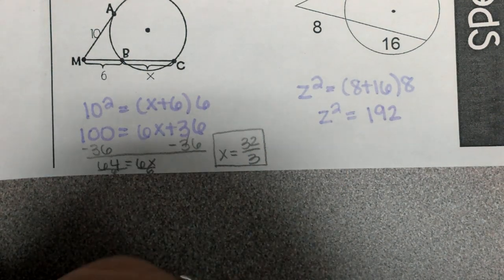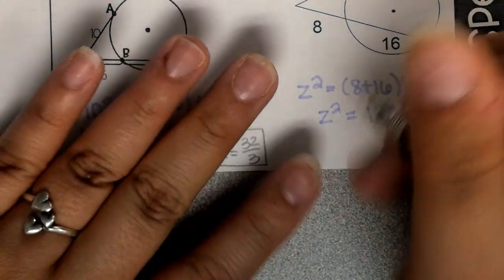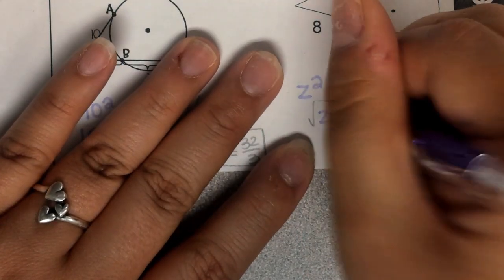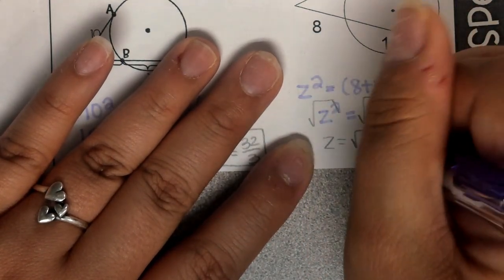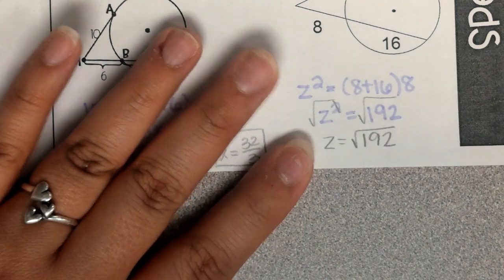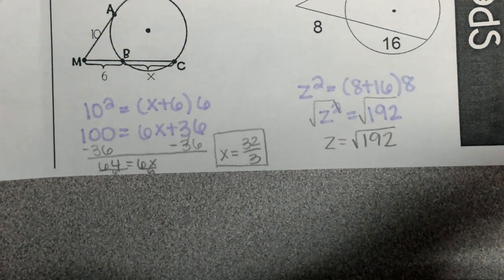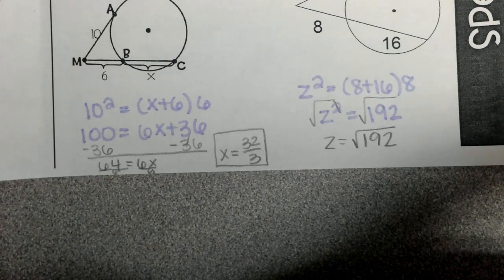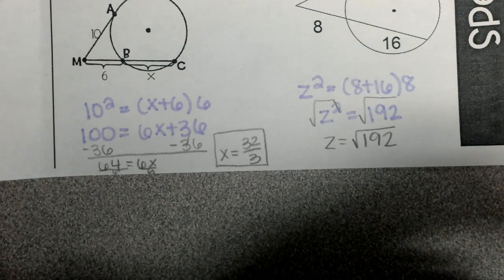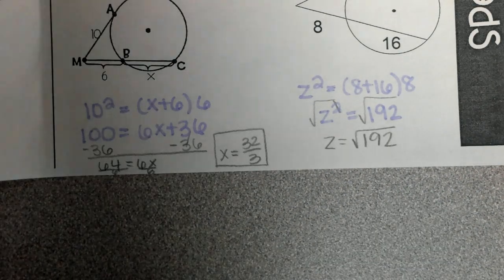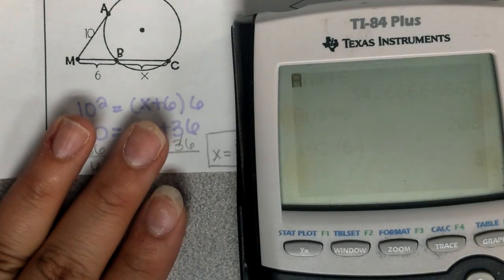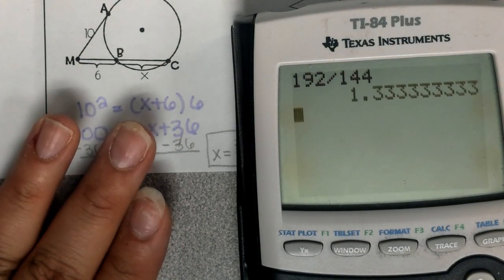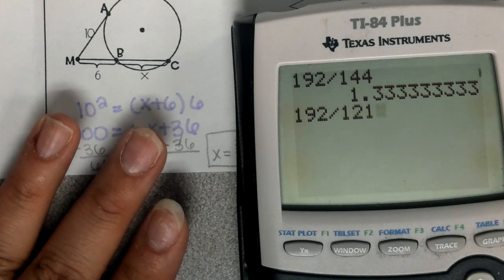Everybody look up, please. How do I get z by itself? Square root. And that gives me z equals the square root of 192. And if you put that in the calculator, you get a rounded answer. But what if I ask for an exact answer? We have to simplify it. Remember, when we simplify, we take that number and divide it by all our perfect squares. 144, 121.